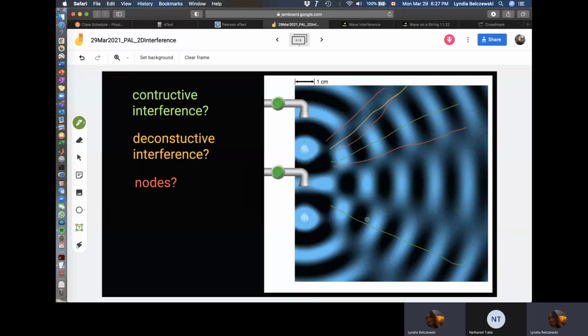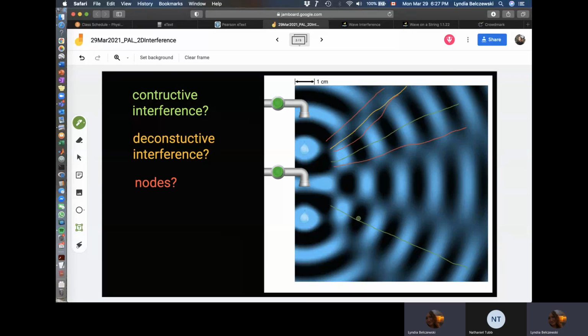Absolutely, because these bright spots are where both water waves are up, like they're splashing upwards rather than being down. And so these bright spots are where they're overlapping and constructively interfering. They're adding up and getting even higher to make like a crest of a wave.